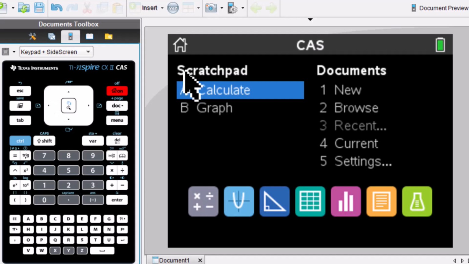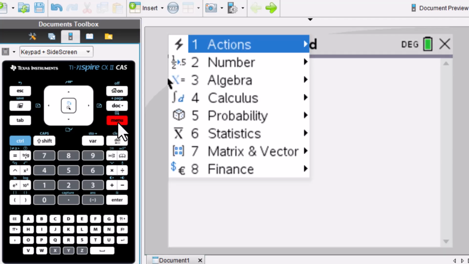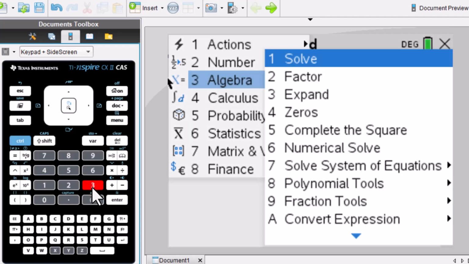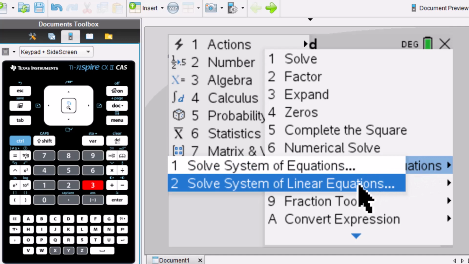Let's use this scratch pad. Go to menu, 3 algebra, 7 solve system of equations, linear equations.